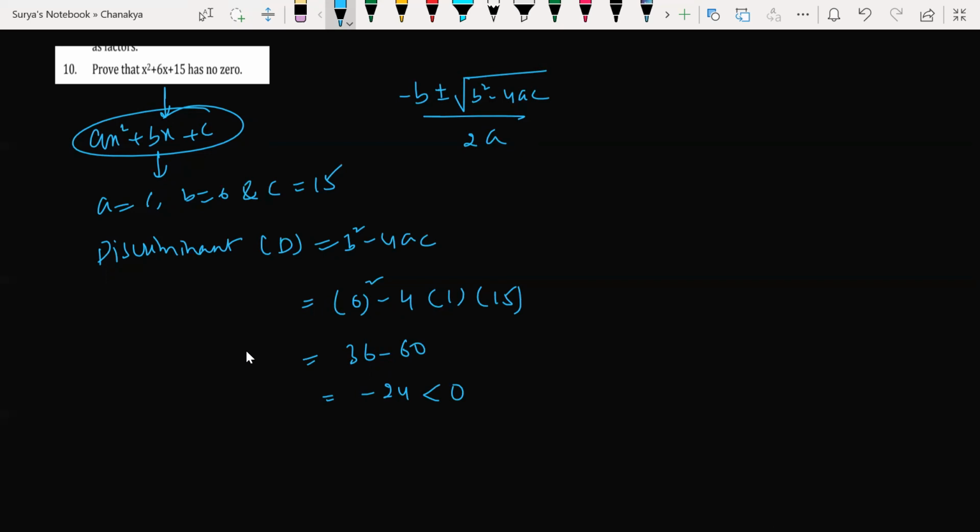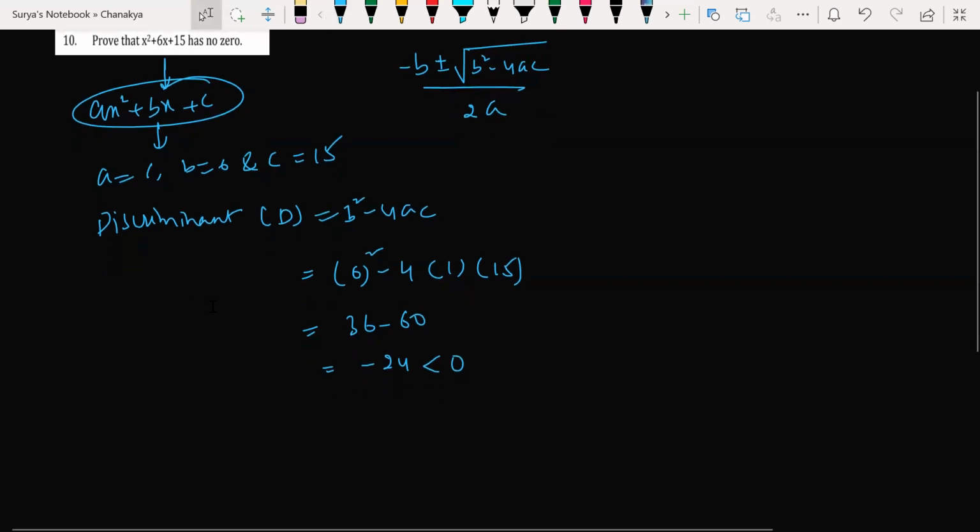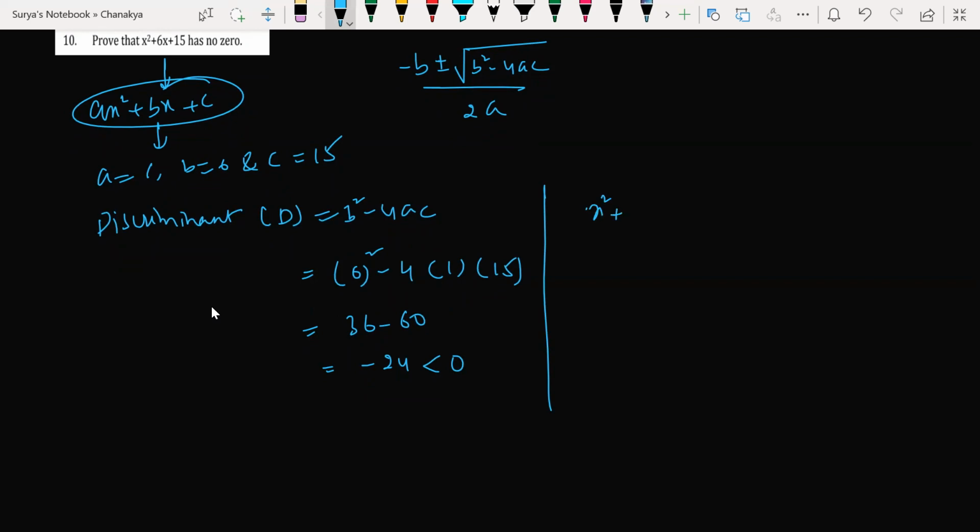Or else, can we do it using the splitting middle term method? x square plus 6x plus 15. For making this polynomial a completing square, what do I have to add and subtract? Completing square method you will be learning in class 10.